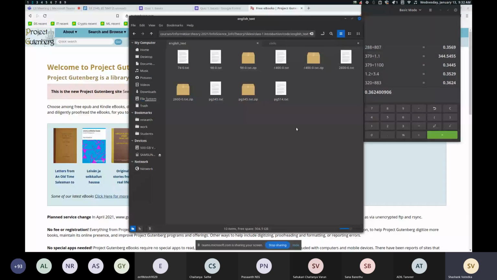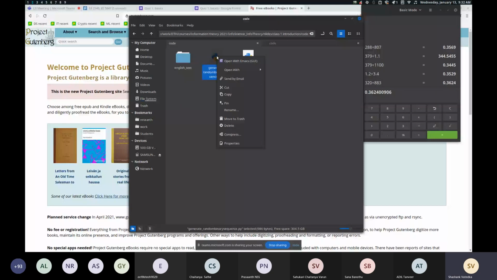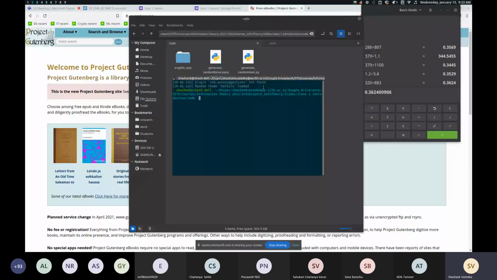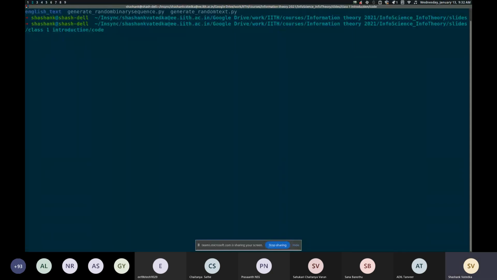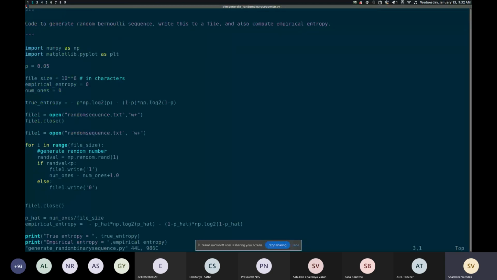Let's run another experiment. Here I have some programs that I've written. I have a Python program here which lets me generate random zeros and ones.